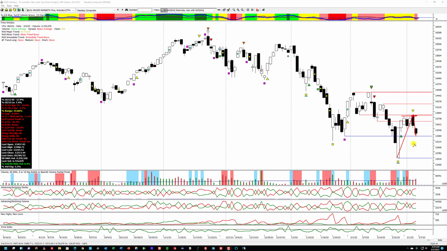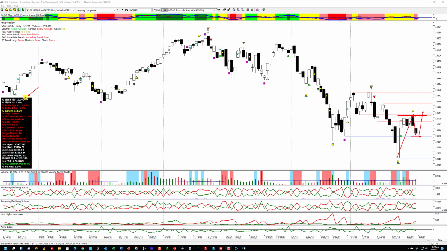So now what we're looking for is a higher low from this low right here. So if on Monday this would hold and the market would take off and take out this area here, that would establish a higher high, and then the daily trend would begin to trend up.